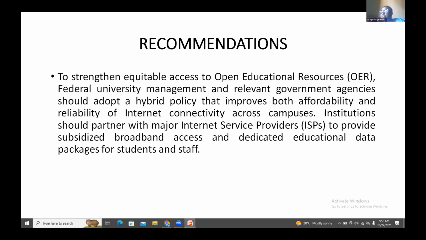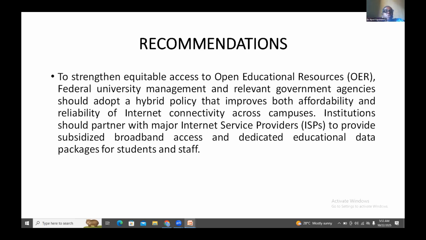The moderate positive link between ICT support services and equitable access further indicates that ongoing technical assistance enhances digital resource utilization. Overall, the study concludes that achieving true equity in open educational resources access requires a balanced integration of infrastructure, software, and support systems.